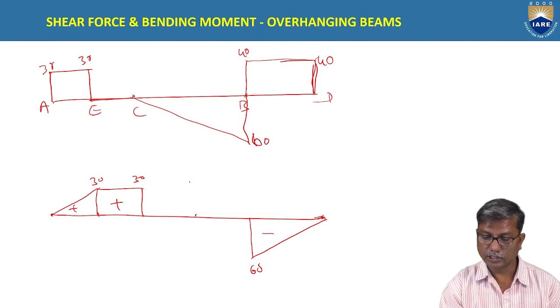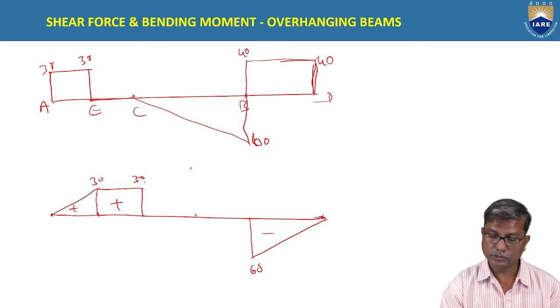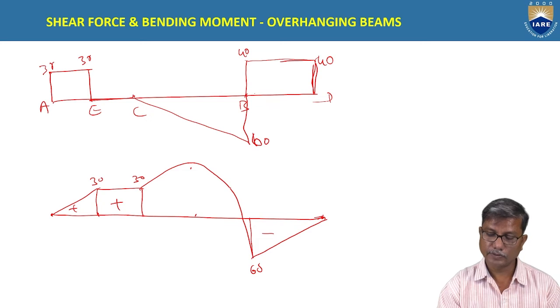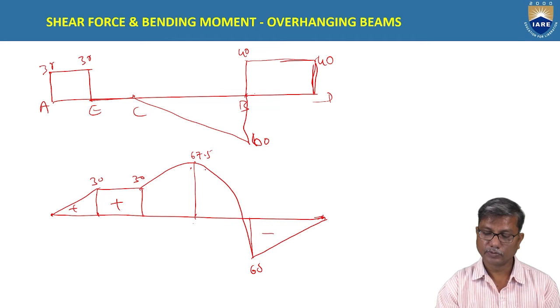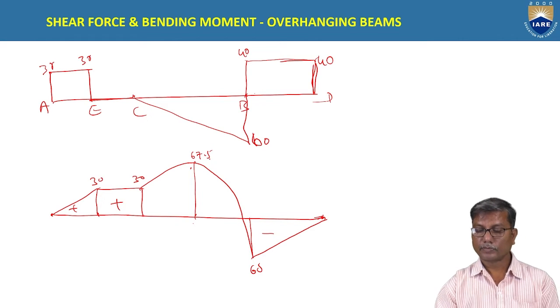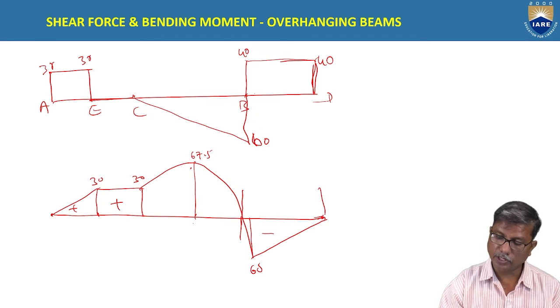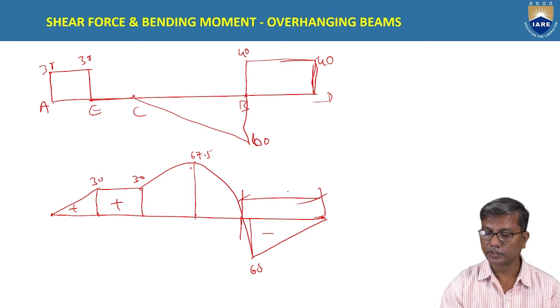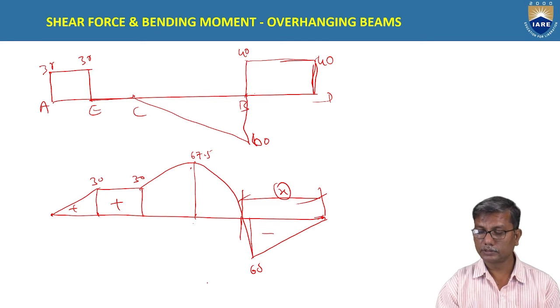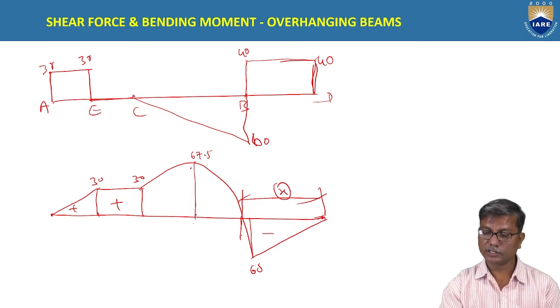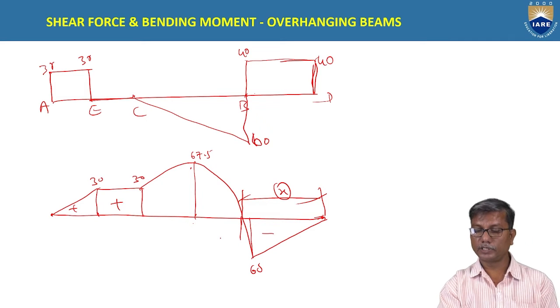So at x equal to 3 meters, it is 67.5. So the bending moment varies something like this. Here at 3 meters, it is 67.5 plus. And the location of this point is obtained by equating the bending moment to 0.